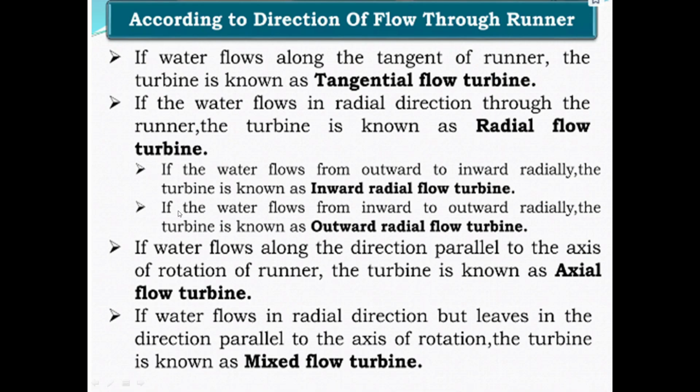The second one is, if the water flows in the radial direction through the runner, then the turbine is known as a radial flow turbine. Here there is another classification in radial flow turbines: the water flows either outward to inward or inward to outward. As I told you from the beginning, in some reaction turbines water enters from the outer chamber to the inner chamber, and in some reaction turbines water enters from the inner chamber to the outer chamber.